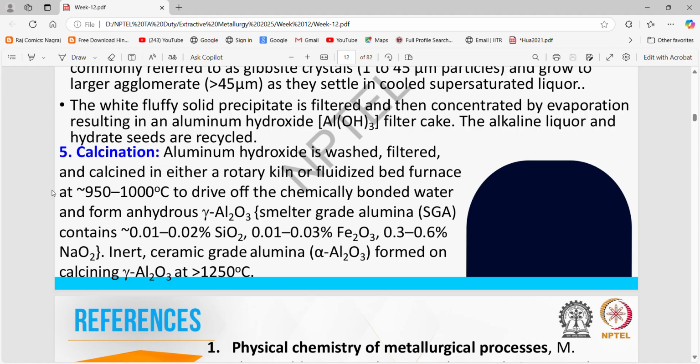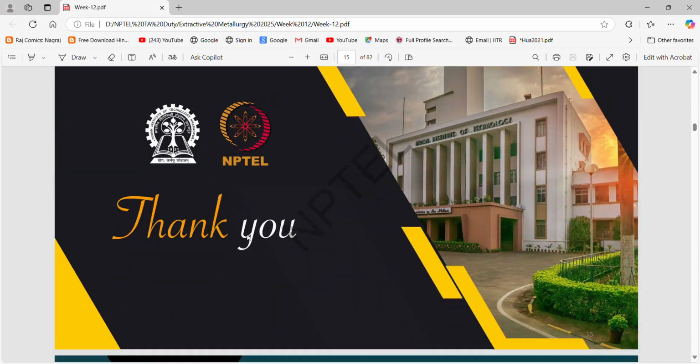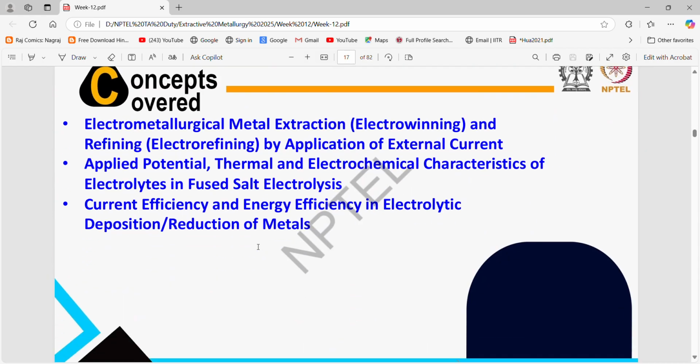While if we are going for the calcination process at more than 1250 degrees Celsius, we are trying to convert this aluminum hydroxide into alpha Al2O3, which is known as ceramic grade alumina. So this can be used as refractory material for furnace making and other applications. Okay, so Al2O3 is done.